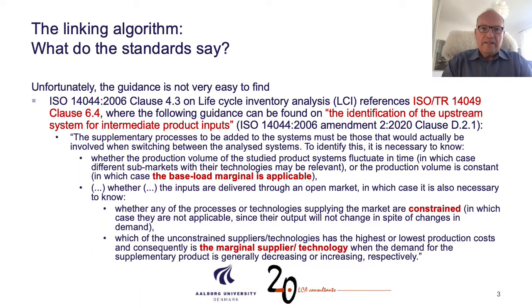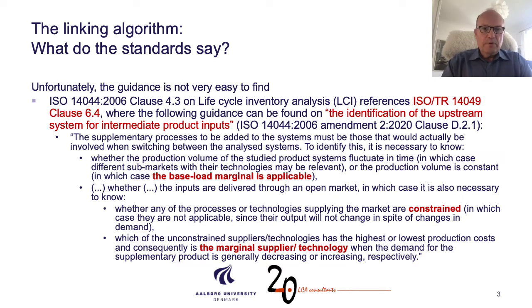The actual text in ISO 14049 talks about the supplementary processes to be added to the systems as being those that would actually be involved when switching between the analyzed systems. That is pretty obvious. But additionally, several pieces of information are necessary.